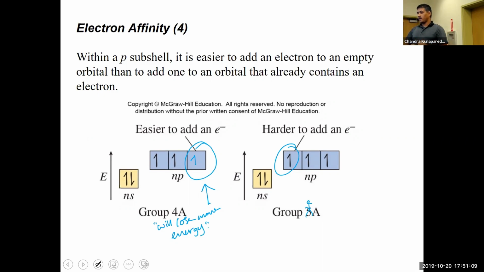So if it is easier to add an electron to an empty orbital, it is going to have much more favorable electron affinity values than adding an electron to an already partially filled orbital, which means instead of the element losing energy after adding the electron, we actually need to input energy to add that extra electron.